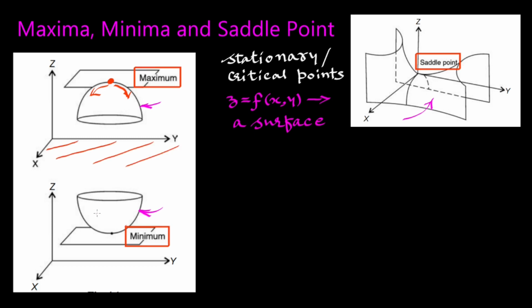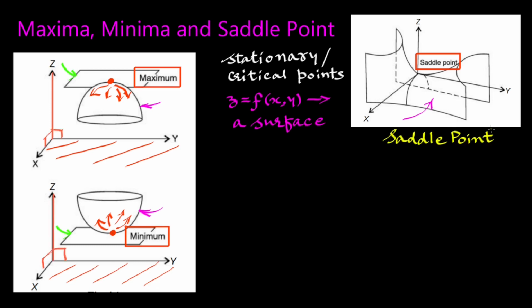The minimum is the bottom of a depression here, from which the surface ascends or climbs up in every direction. In either case, the tangent plane to the surface, this one and this one, at a maximum or minimum point is horizontal, that is parallel to the xy plane and perpendicular to the z-axis.